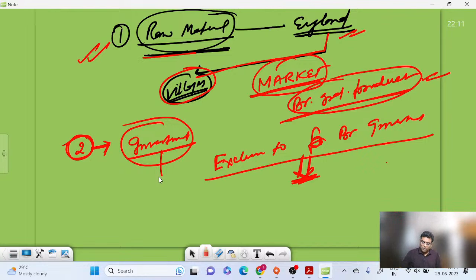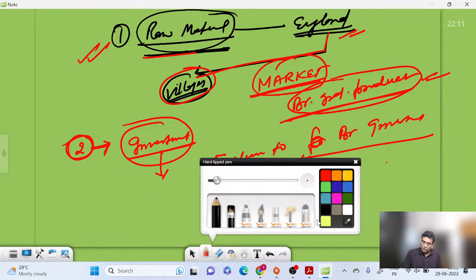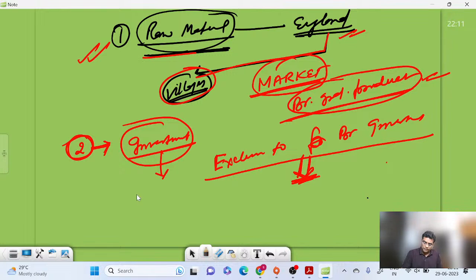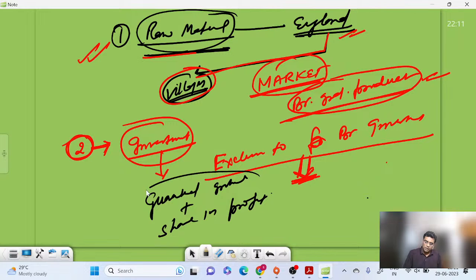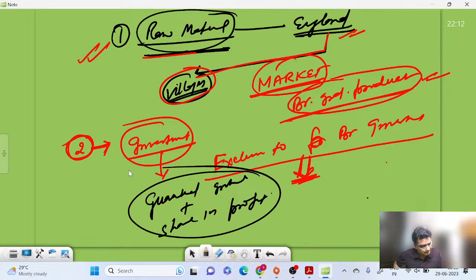Okay. So those Britishers who got opportunity to invest in railway, they got guaranteed interest plus share in profit. This is the railway.